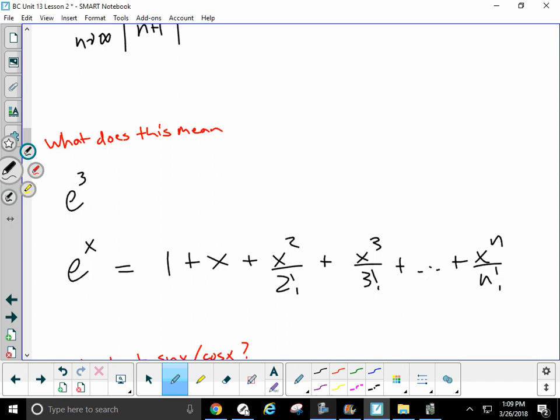So e to the 3rd or e to the 30th or e to the 300th, you can use the Maclaurin polynomial.